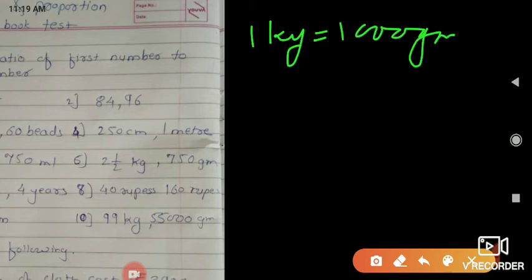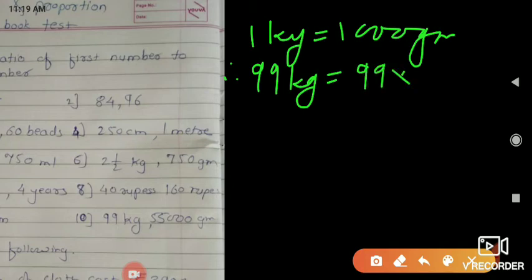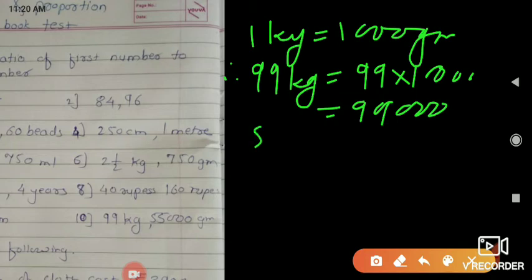Then therefore 99 kg is equal to 99 into 1000 equals 99,000. Okay, and now we have to find out the ratio of 99 kg to the 55,000 grams.